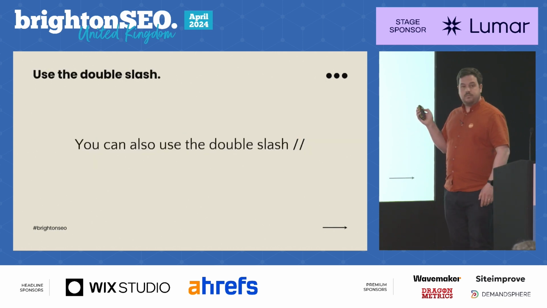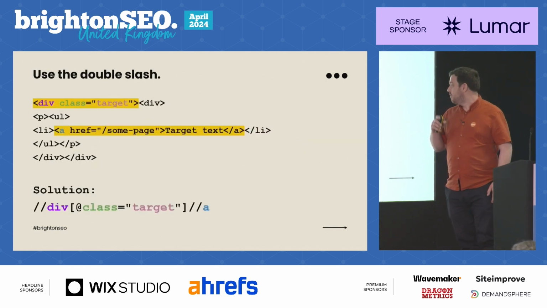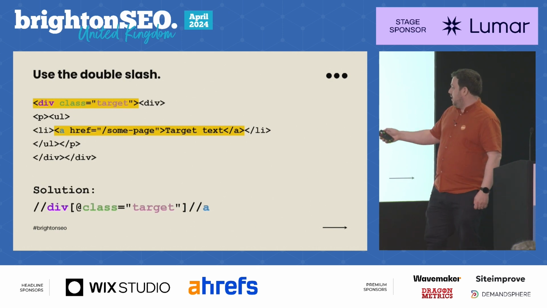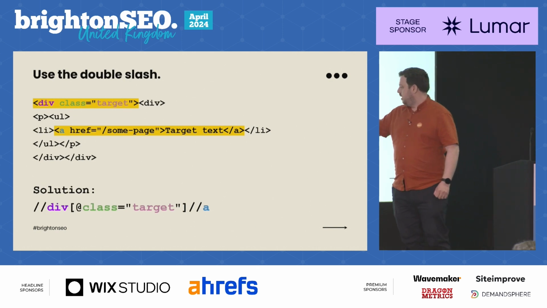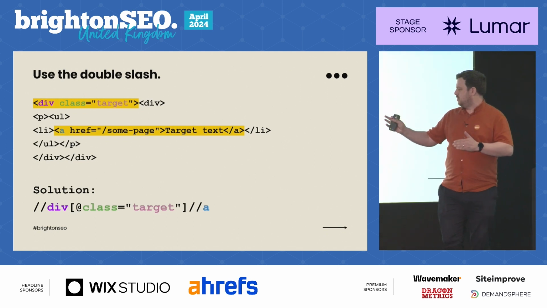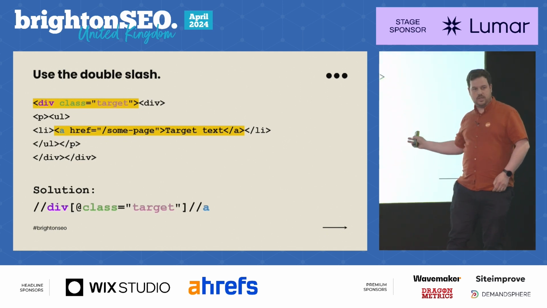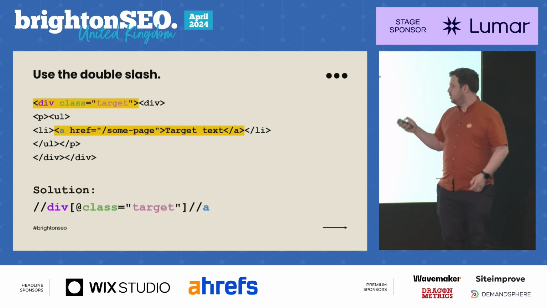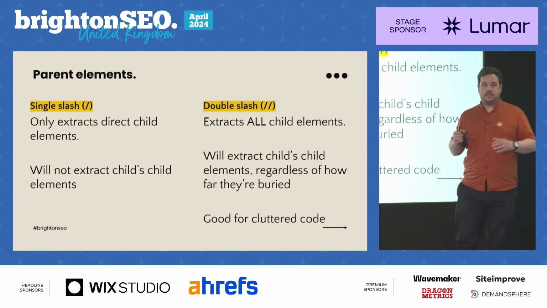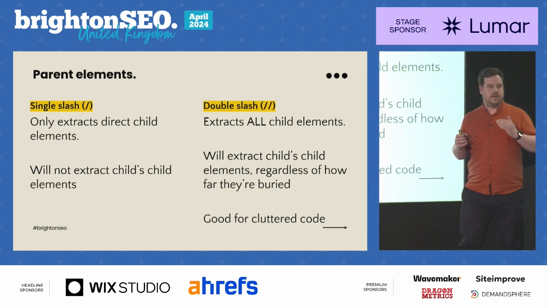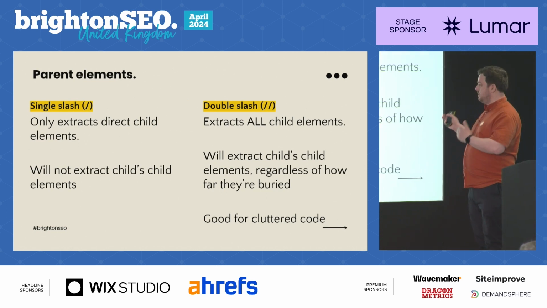The solution is you can use a double slash. So you get //div @class equals target, and then have your /a at the end, and that will search everything within that div, looking for this link.